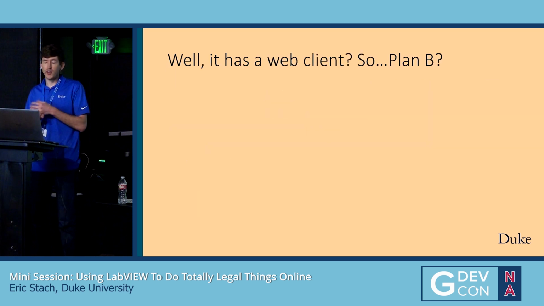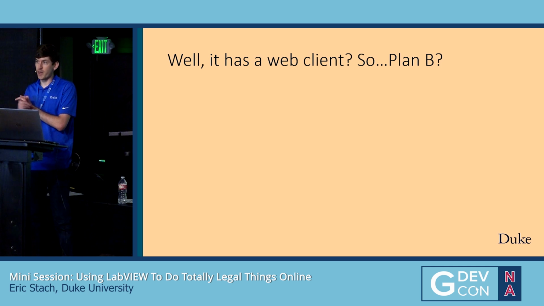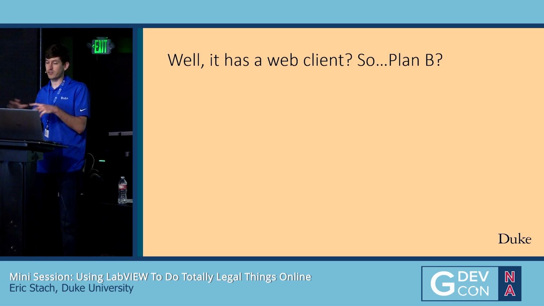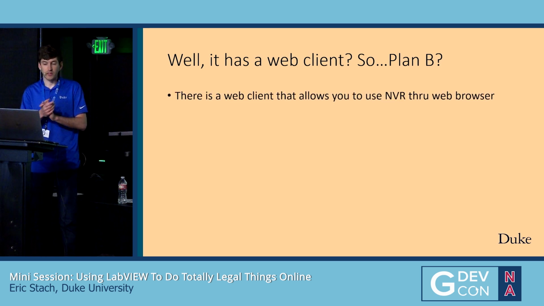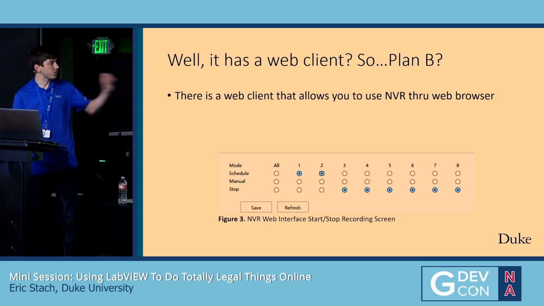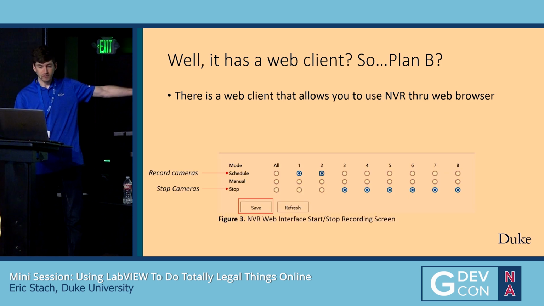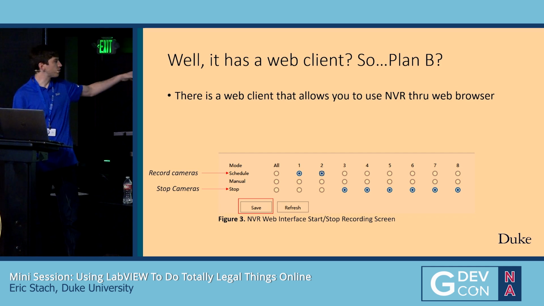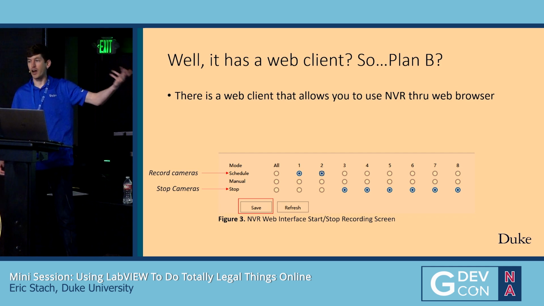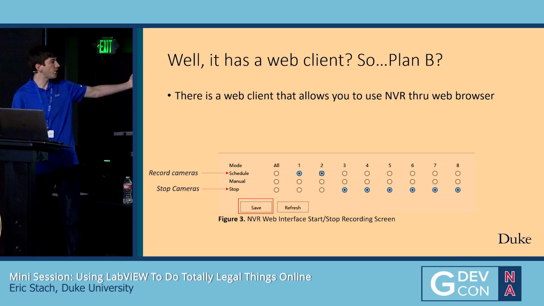Moving on to plan B, there's a web client that I can use: I just type the IP address into a web browser and interact with the NVR through it. There's a screenshot of it. The numbers 1 through 8 all represent a camera. Schedule is the state where it's recording. Stop is, obviously, a stop.